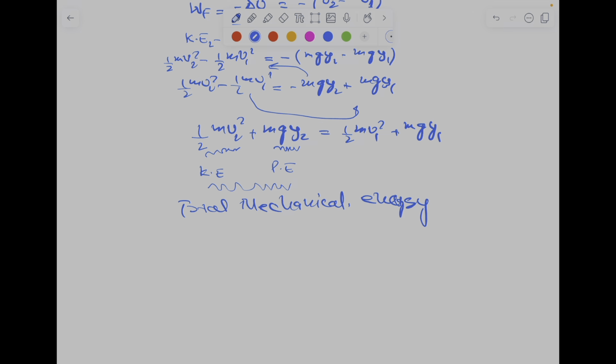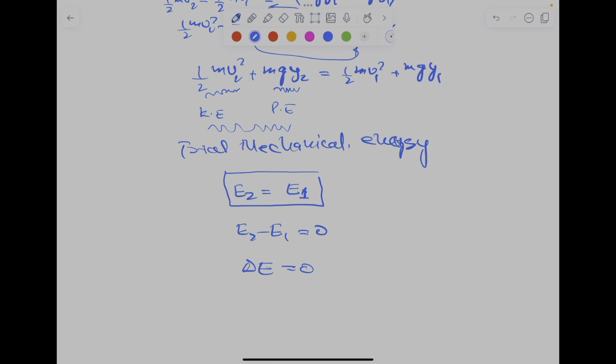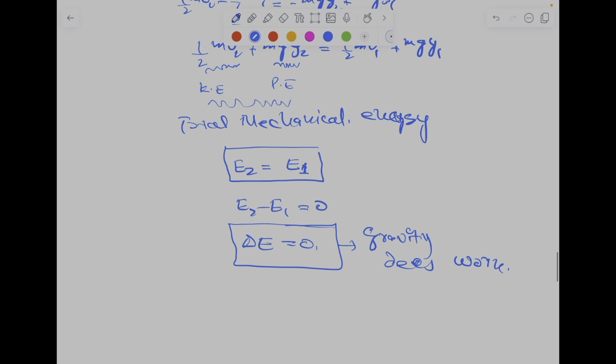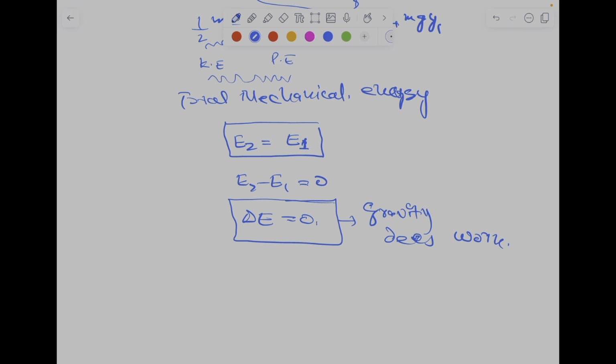Okay, so when only the force of gravity does work on a system, then the total mechanical energy of the system is conserved, which means that E2 equals E1, or E2 minus E1 equals 0, or delta E equals 0. So it's only applicable when only the gravity does work. So the total energy of the system is constant.